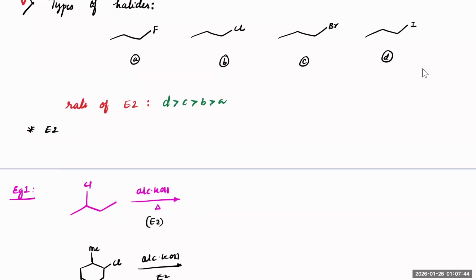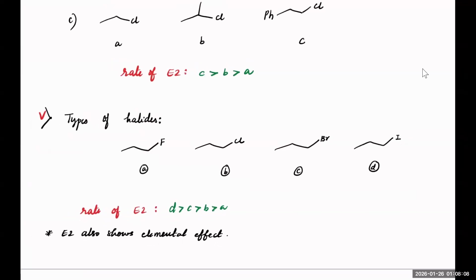So E2 also shows the element effect. Okay. Why is that? Carbon-iodine bond breaking is easier than carbon-fluorine bond breaking. So that's why alkene formation is much easier in iodide compared to fluoride.